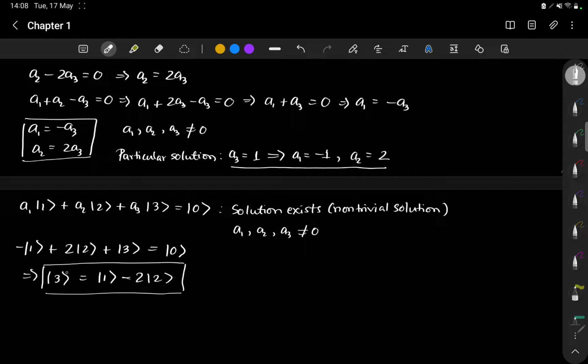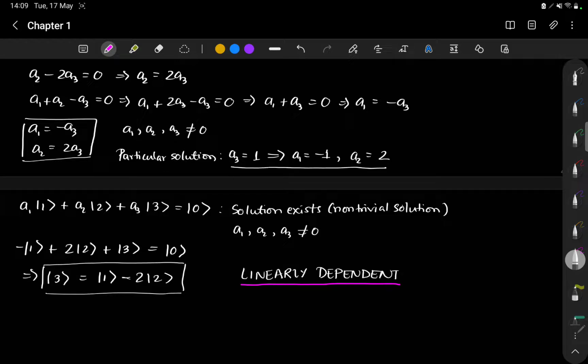So we are able to write one vector from the set of vectors that we started off with as a linear combination of the other remaining two vectors. So this implies that these three vectors are linearly dependent. This is one particular solution that we have found.